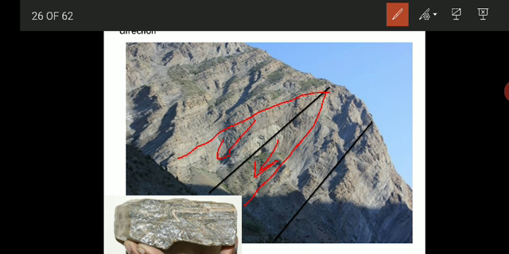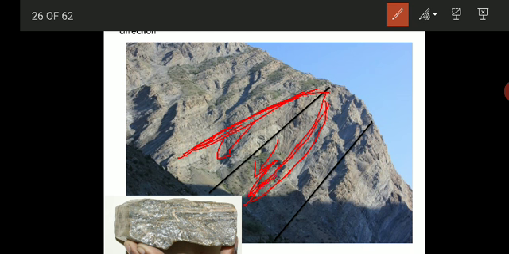That is because this limb has overturned. Okay, so the overturned, inverted or reversed limb is one that has been rotated through more than 90 degrees to attain its present dipping or present attitude. The normal limb is one that is right side up, and this is the overturned limb.